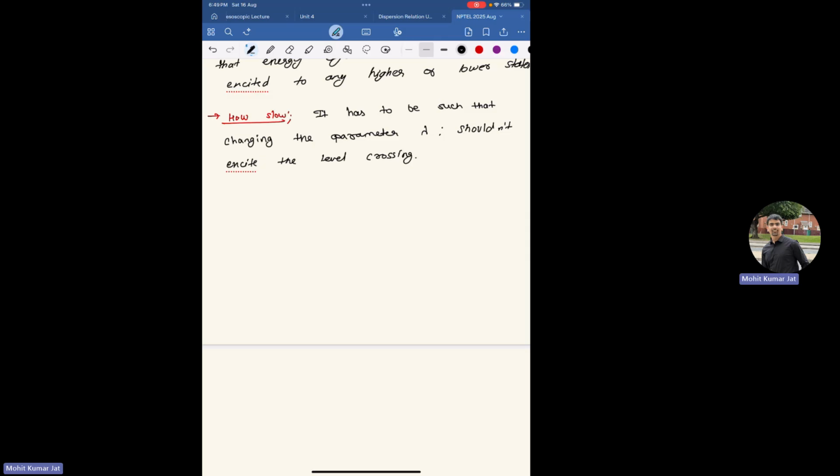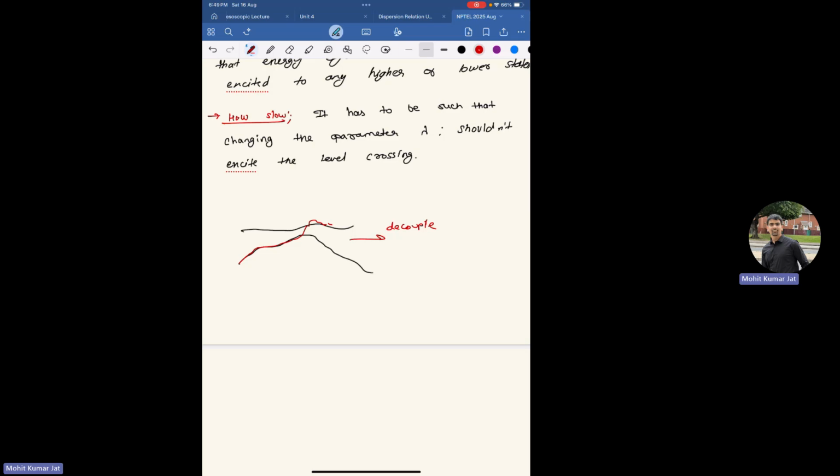For example, if you have these energy states, this is your ground energy, this is one energy state, this is another energy state, and let's say your energy levels are like this. You can take it along this path, but you should not excite it such that it transits to the other one, because after that you can't decouple them. Decoupling is hard.